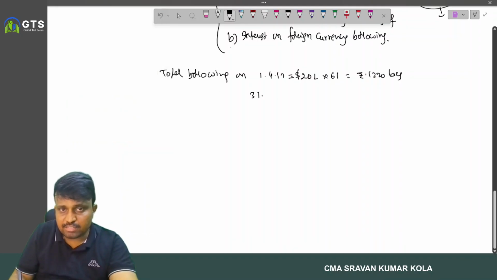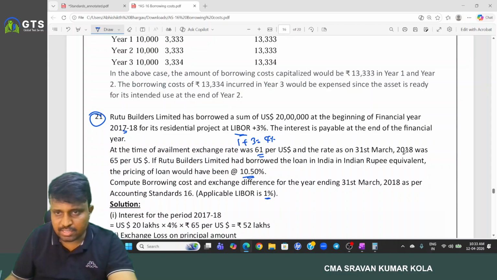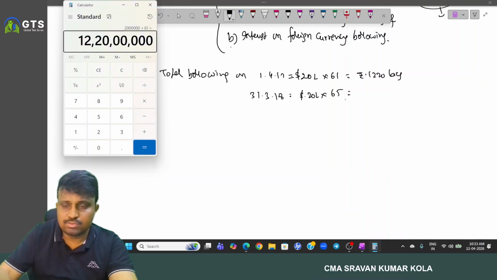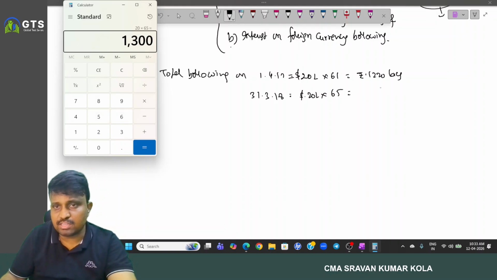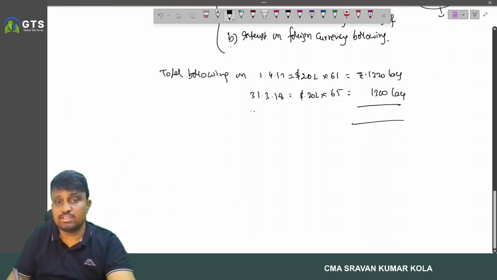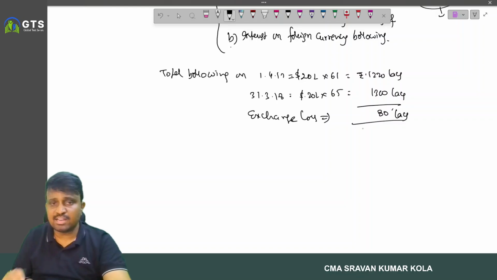And on 31st March 2018, 20 lakh into what is the rate? 65 rupees. So 20 lakh into 65, 1300 lakhs. There is an increase in borrowing. So this is an exchange loss. How much amount is there? 80 lakhs exchange loss.